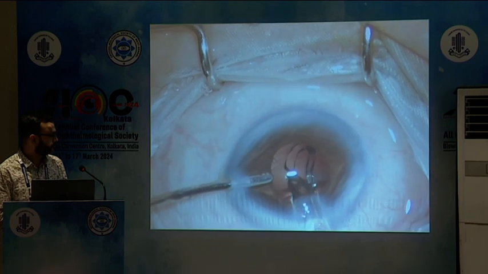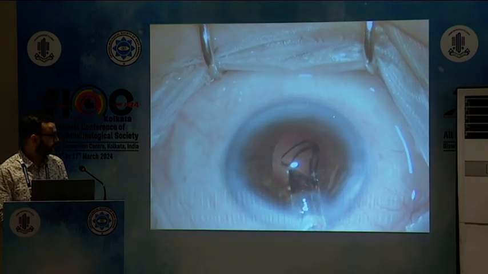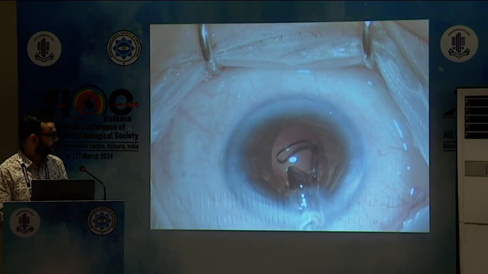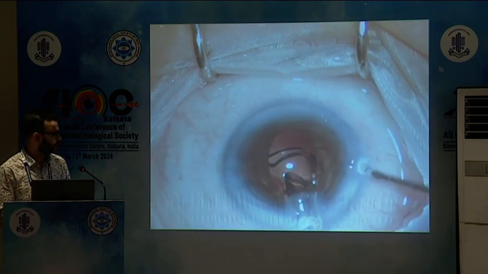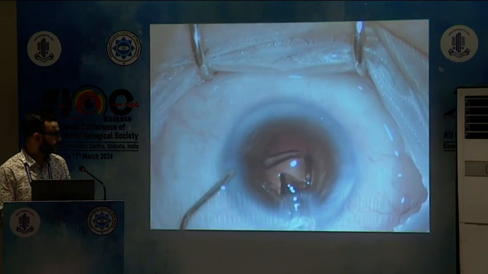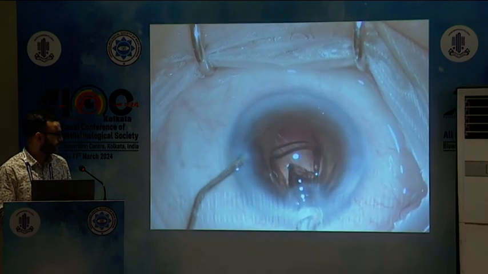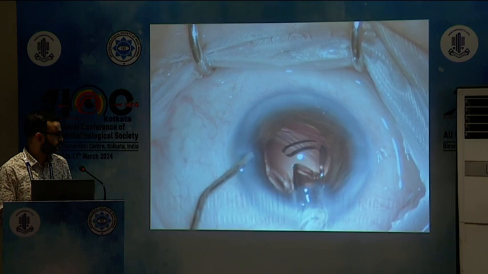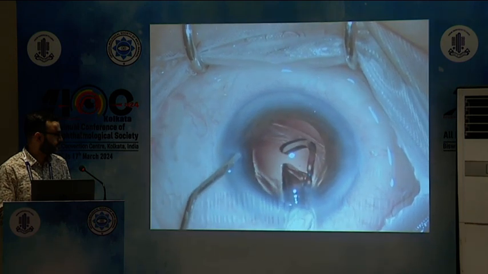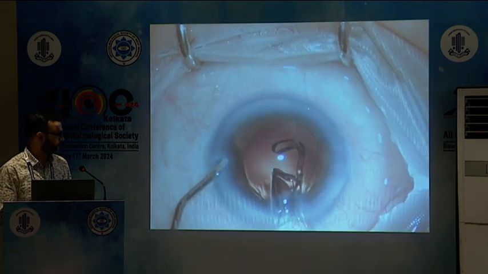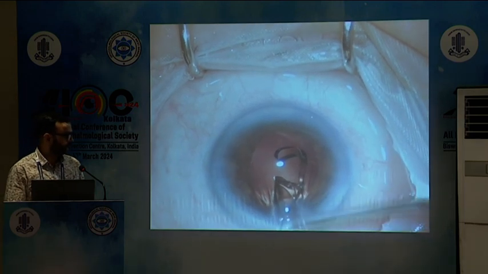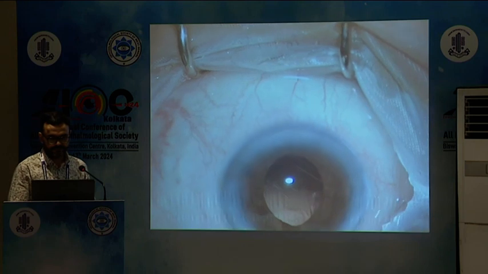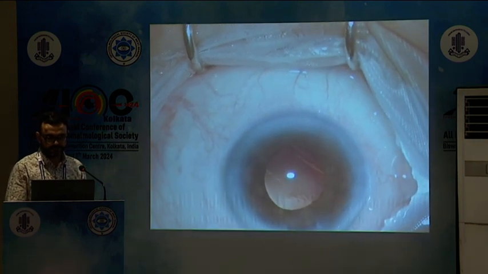Suddenly, there is a sudden movement by the patient, and the IOL is stuck in the main wound, and the jerk caused by it led to a large zonular dialysis. The anterior chamber is formed with viscoelastic substance, and viscoelastic substance is pushed in the bag to inflate it. The IOL is removed from the wound.